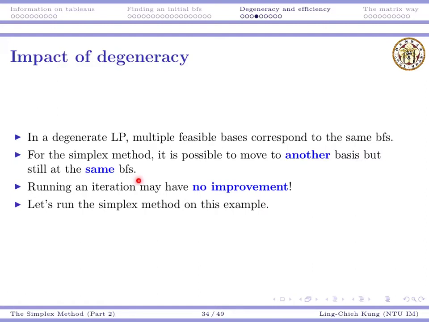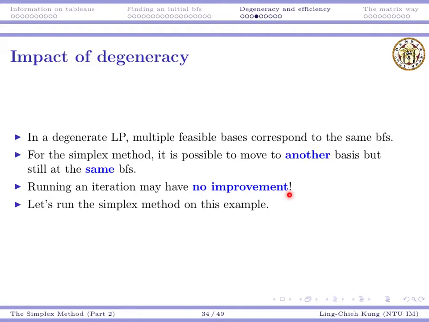So it's possible that after one iteration, we are still at the original basic feasible solution. It is never guaranteed that every iteration changes the solution, and an iteration may have no improvement at all because you stay at the same point.